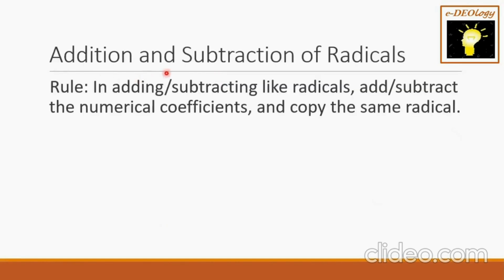Let's go now to addition and subtraction of radicals. As a rule, in adding or subtracting like radicals, add or subtract the numerical coefficients and copy the same radical. In symbol, we have a nth root of x plus or minus b nth root of x.